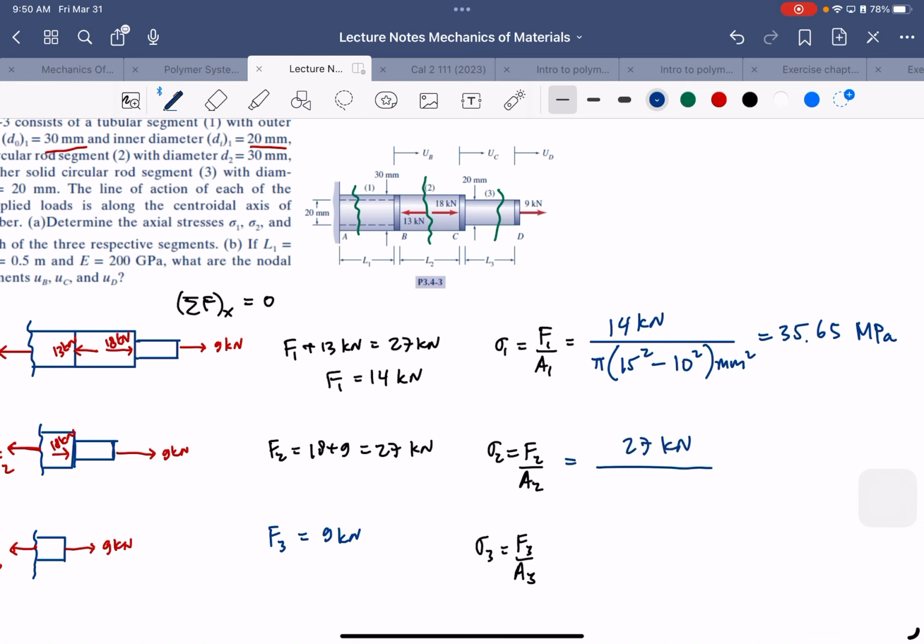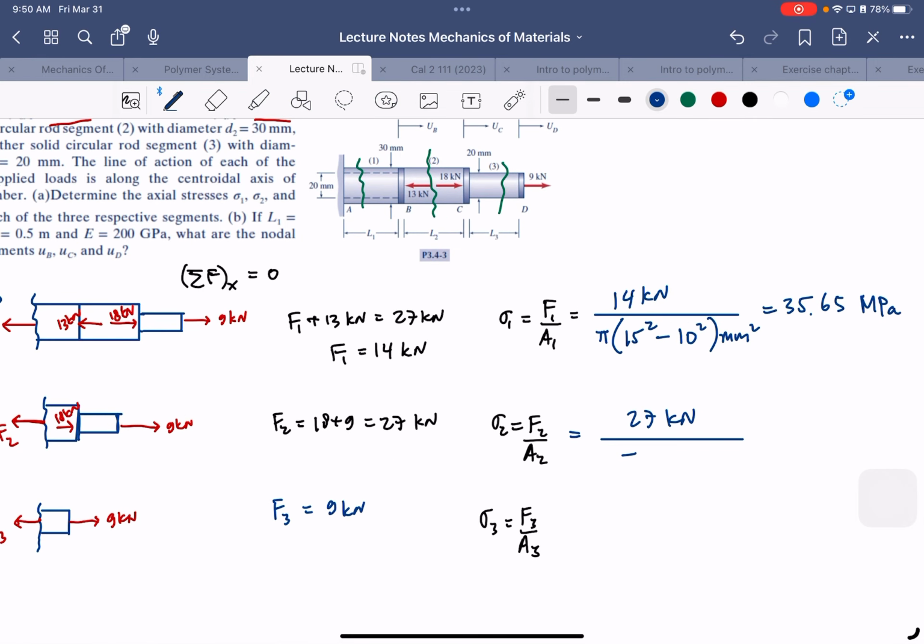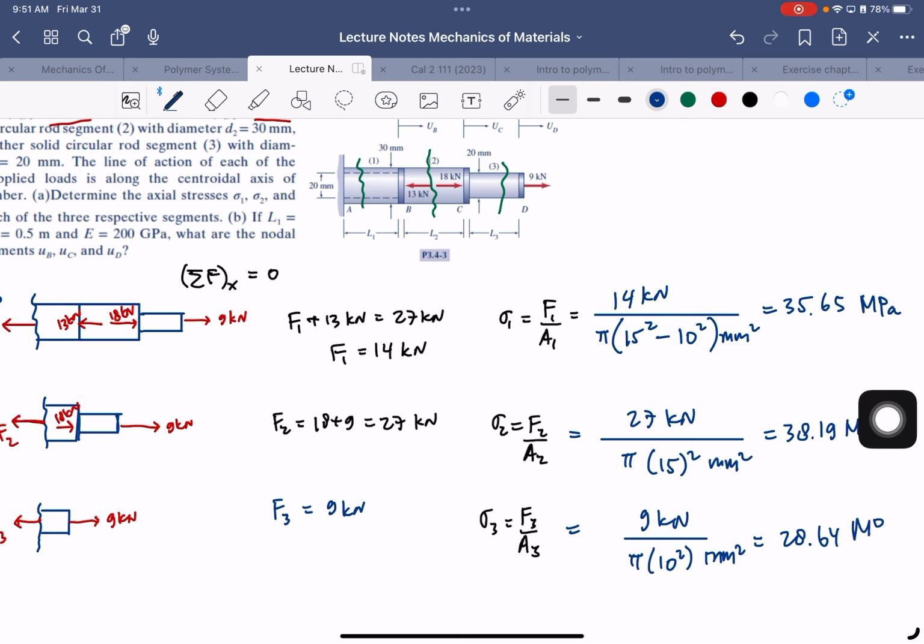Then F2: the rod segment has a diameter of 30 millimeter, so 15 squared, is 38.19. And the last one is 28.64.